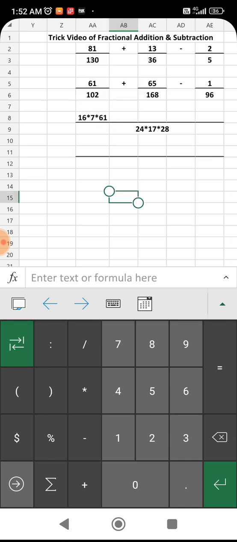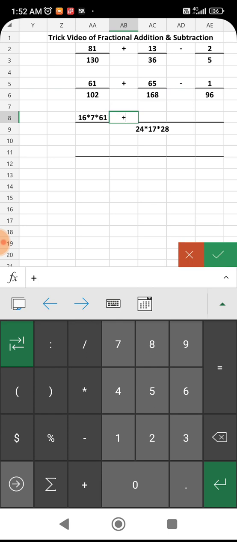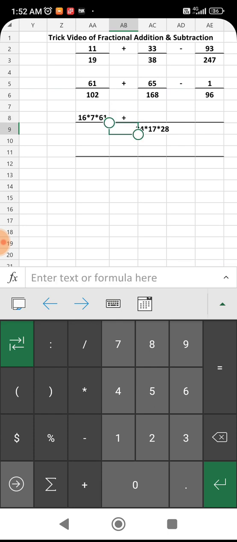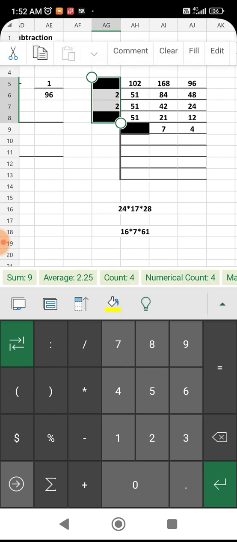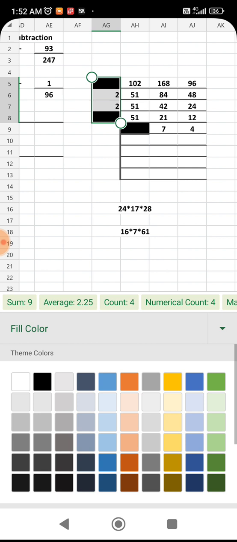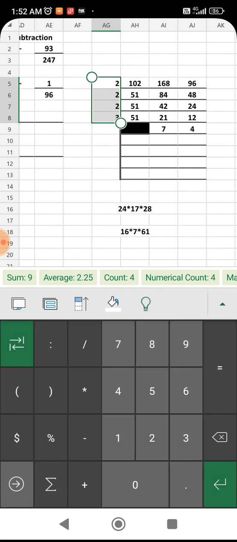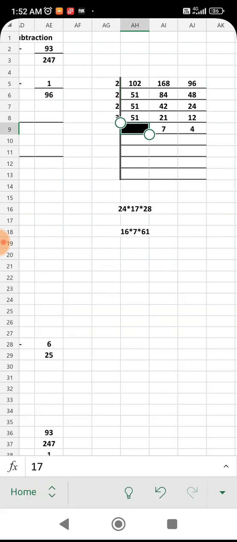So directly I have put the number here. Okay, now 168. Now 168. I am removing my fingers. I forgot to remove my fingers.